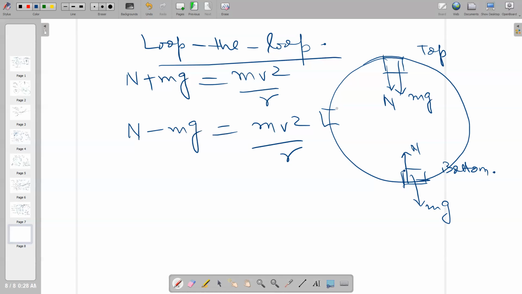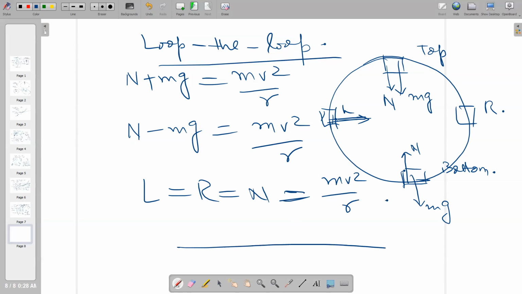These are the equations which we will apply to solve the problems.